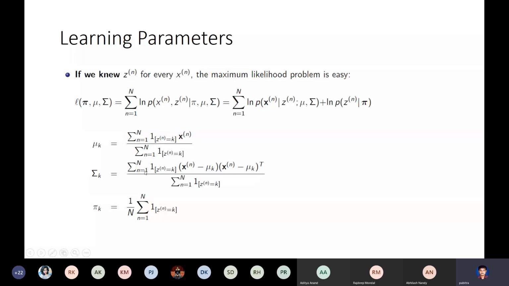And sigma is similarly, once you have estimated mu, the sum over all the points with Z equal to 1 of x minus mu1, x minus mu1 transpose, divided by this. And pi is the ratio of the number of points belonging to component 1 with respect to capital N. This is mu k, sigma k, zk.